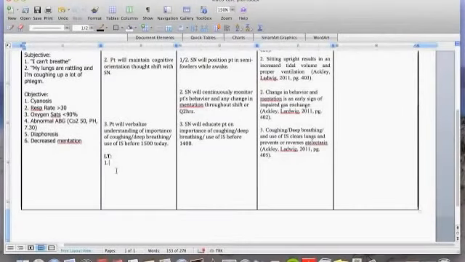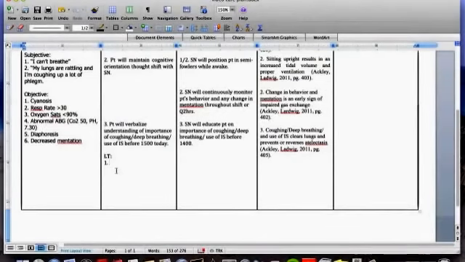Okay, so now let's do a long-term goal just for the sake of explaining it here. So a long-term goal of mine might be patient will display signs and symptoms, you can use these abbreviations here, of adequate oxygenation. And again, we need to be specific, so we can't just say adequate oxygenation. Well, what does that mean? Let's say a respiratory rate no more than 16.